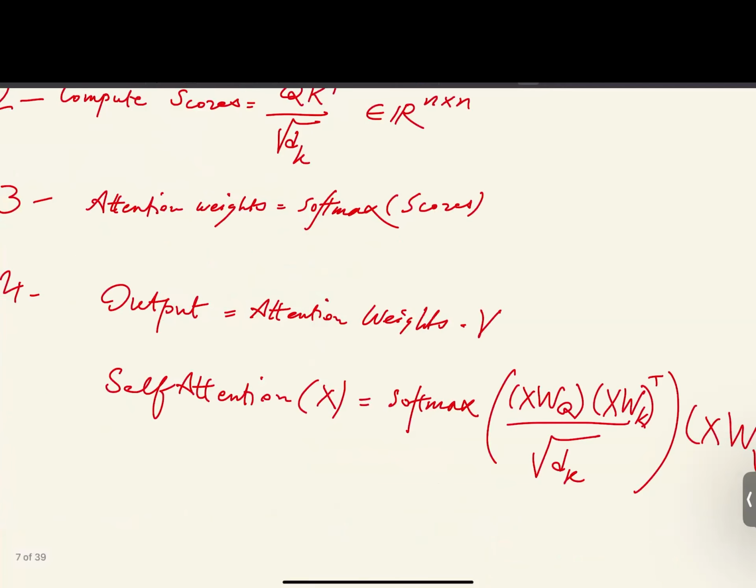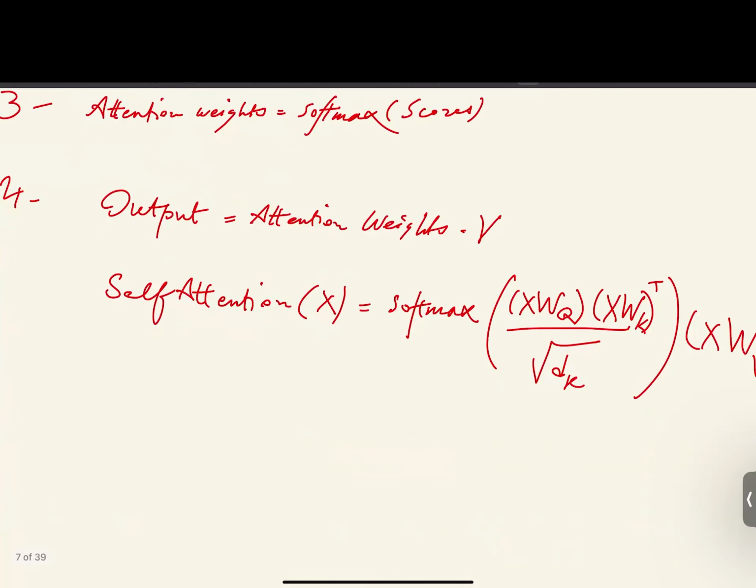Okay, so there are some nice computational aspects. But there is a problem here, and the problem is, where did the sequence order go? Previously, we had RNNs, and order was inherent. Here, self-attention is basically a bag of vectors.